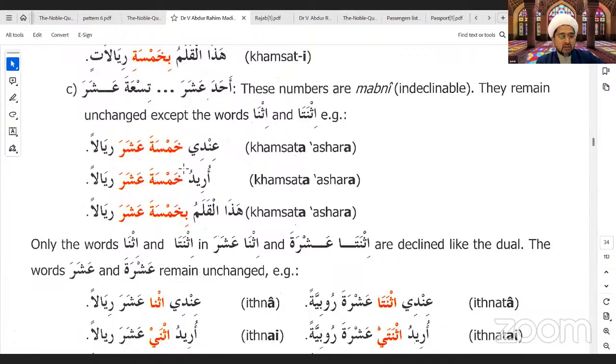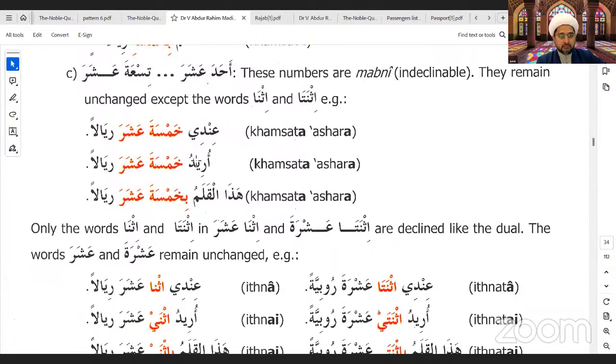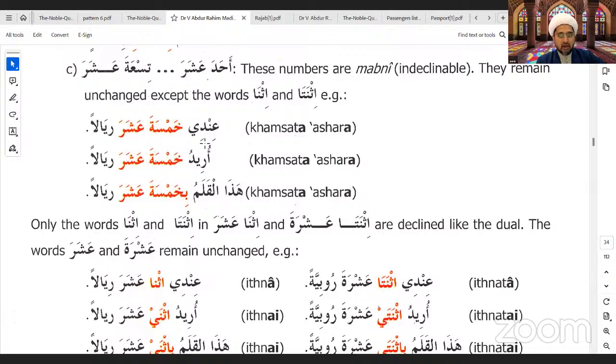Khamsata. So even though you could see khamsata ashar is mubtada, it is coming with a fata. Instead of saying khamsatu asharu, it's khamsata ashar. Here, uridu khamsata ashar is coming as an object. I have 15 riyals, but it's still coming with a fata itself.